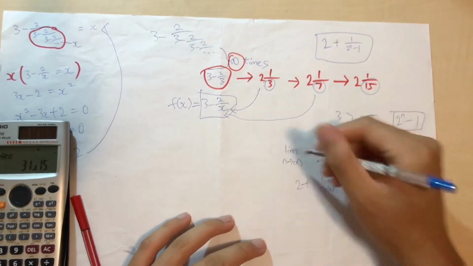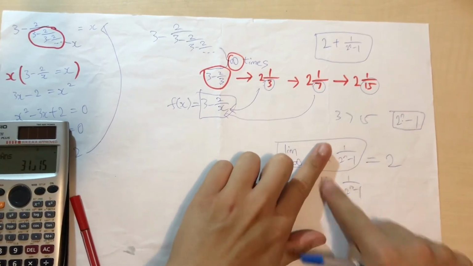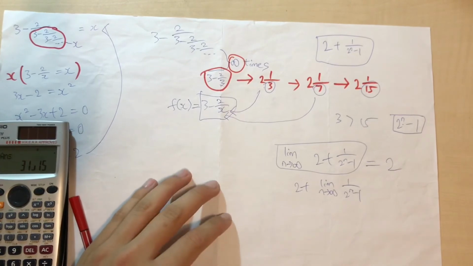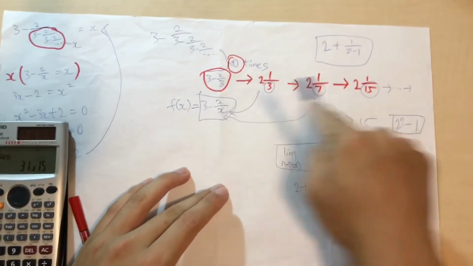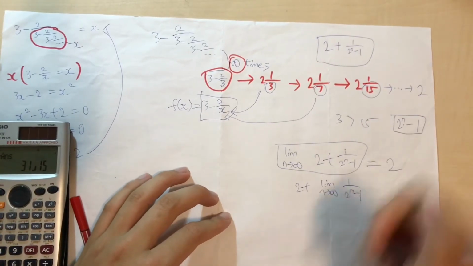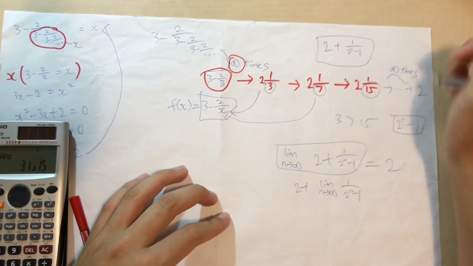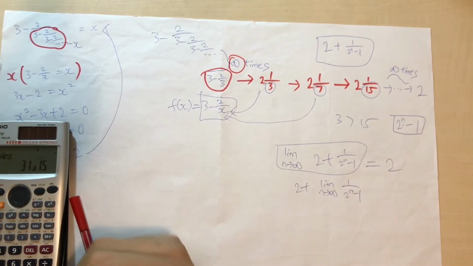So we can say the limit right here is 2, because this part right here is 0, and then we have a 2. So our conclusion is that if we keep on going, we will end up getting a simple 2 after infinity times, because the limit right here converges to 0.